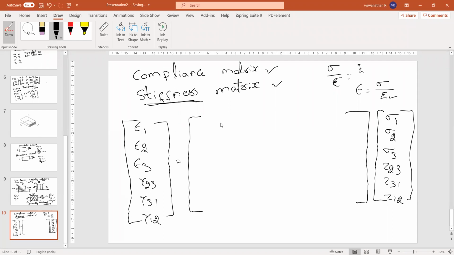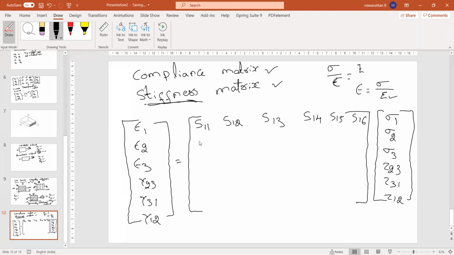So you're confused. Let me confuse you some more. We have said this will be the compliance matrix, and I'll denote this matrix with the letter S. S11, S12, S13, S14, S15, S16.